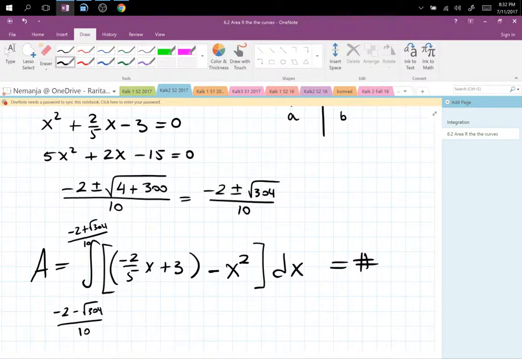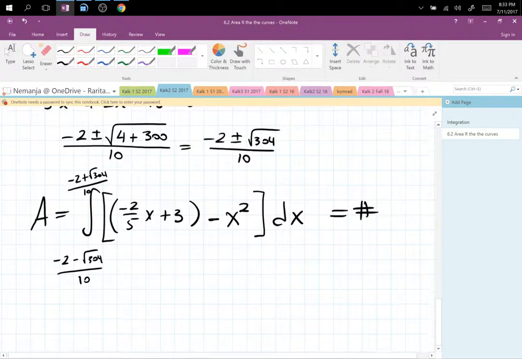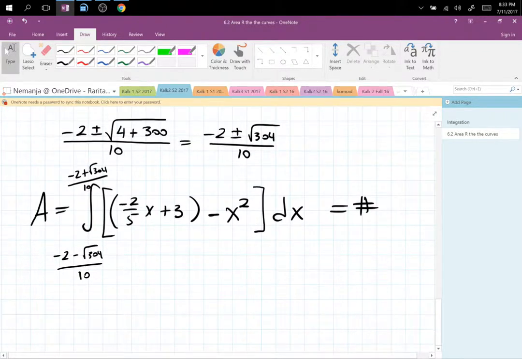We need to know that it's top minus bottom to set up the integral, and then unleash Calc 1 to get the rest done. Great. So that takes care of that.